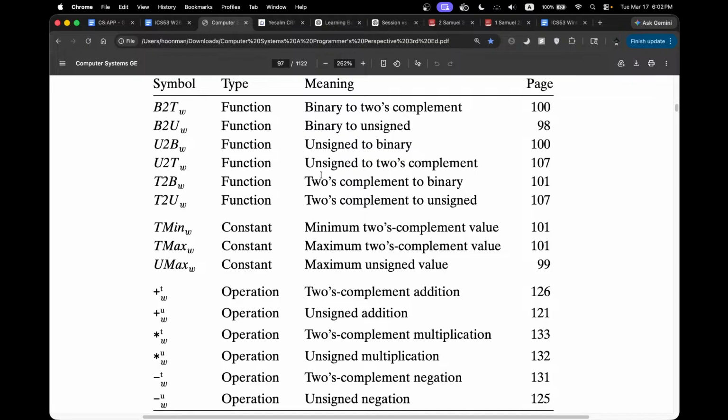Binary to 2's complement. Binary to unsigned.